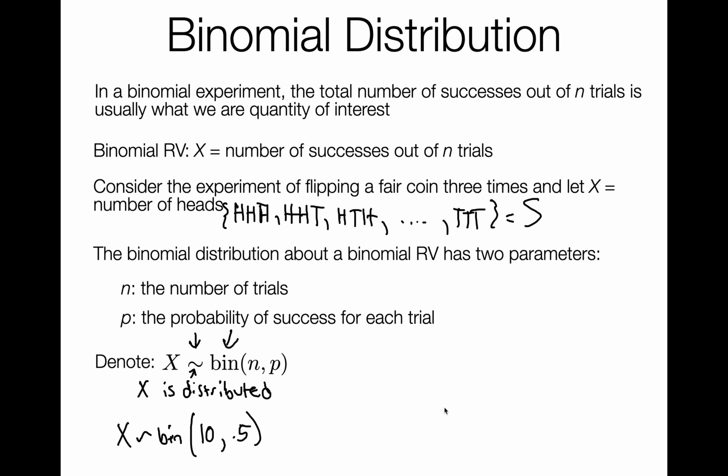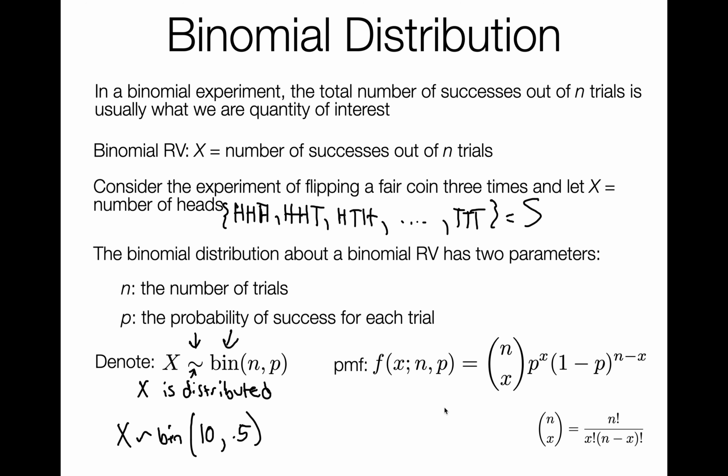Okay. And now we get to the interesting part, and that part is the PMF of the distribution. Before, we would use a table, but now it's a function. This is what the binomial PMF looks like.